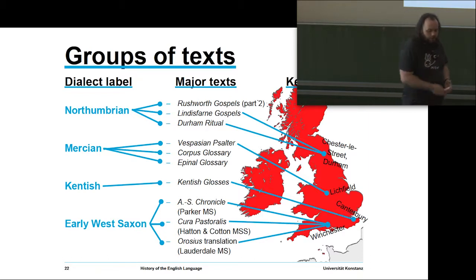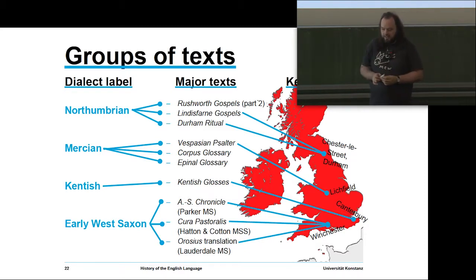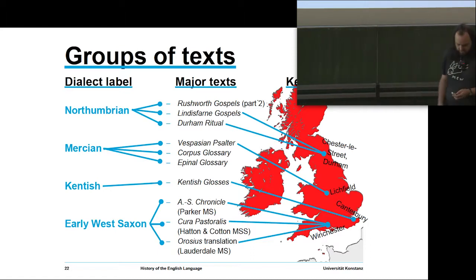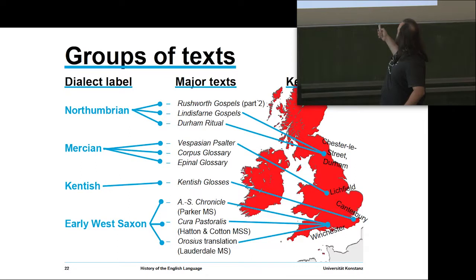So when we talk about Northumbrian, for instance, we're talking about a collection of texts, particularly the Lindisfarne Gospels. Remember the beautiful illustrated manuscript I showed you last time, the illuminated manuscript. That's one of the front pages of the Lindisfarne Gospels. And these texts, we know, were produced in a monastic context up here, Chester-le-Street, near present-day Durham.